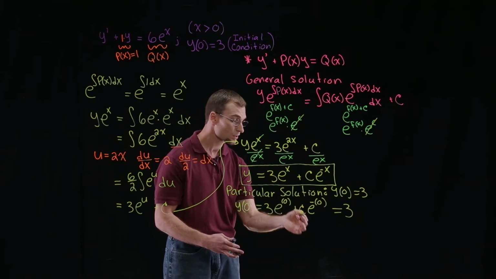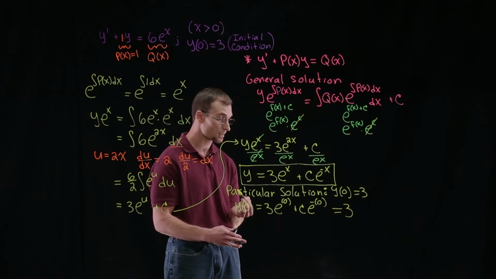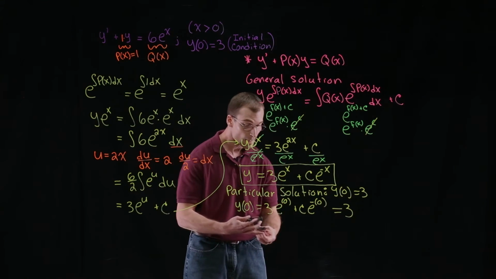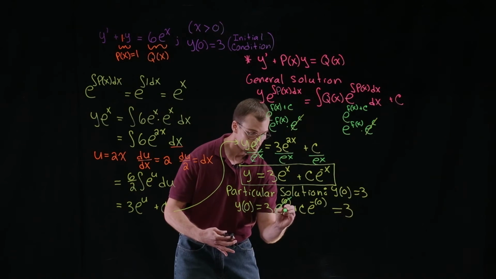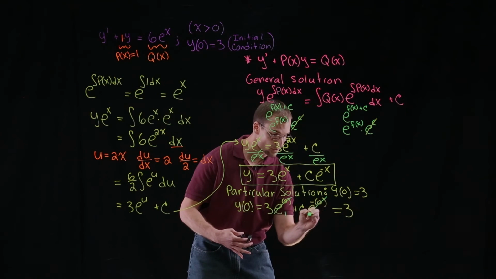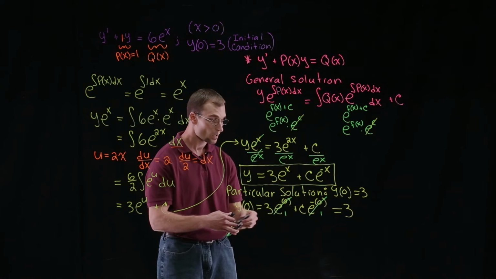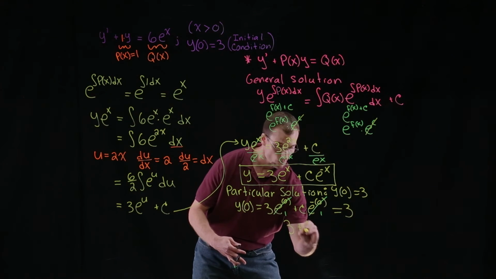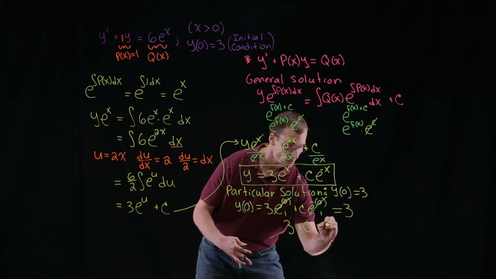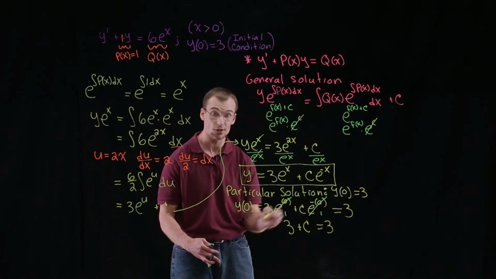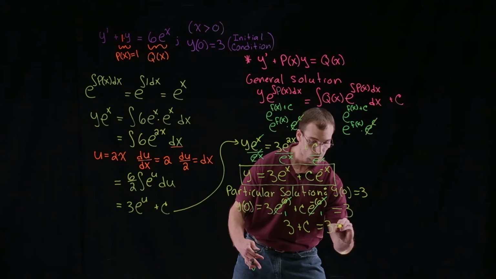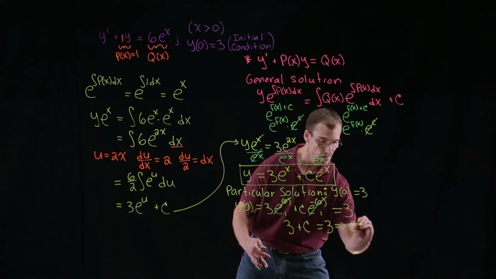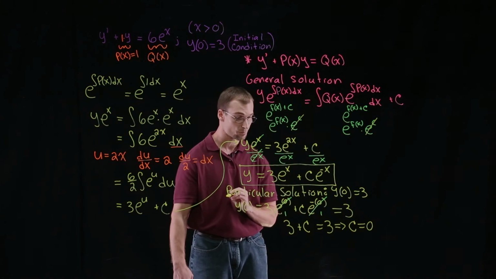So we're going to use this to solve for our unknown constant c here. Well, e to the 0 is just 1. e to the negative 0 is just 1. So we have that 3 plus c is equal to 3. Or subtracting 3 from both sides, this tells us that c is equal to 0.